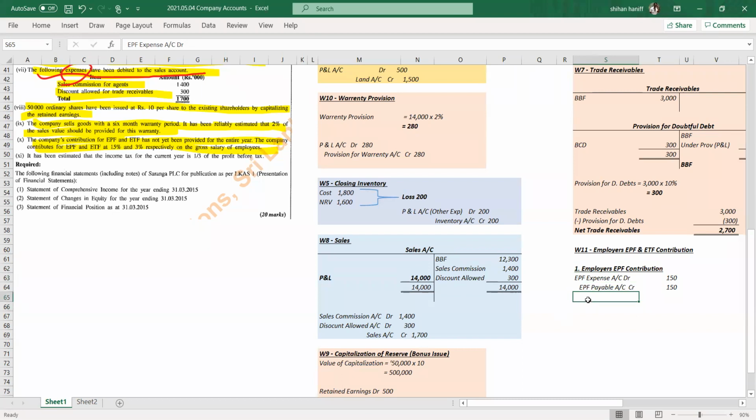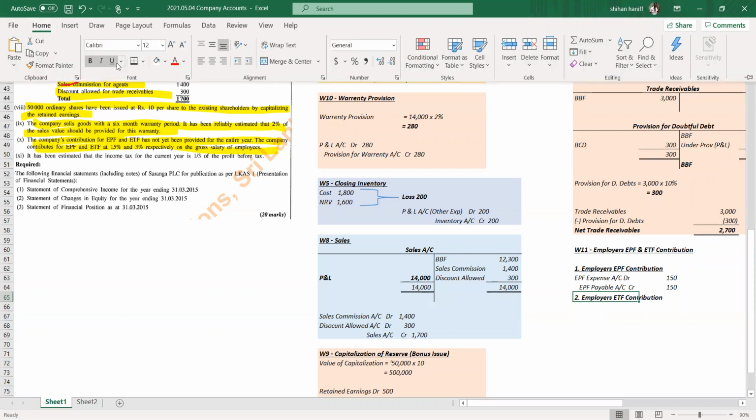Right. Number 2, employer's ETF contribution.